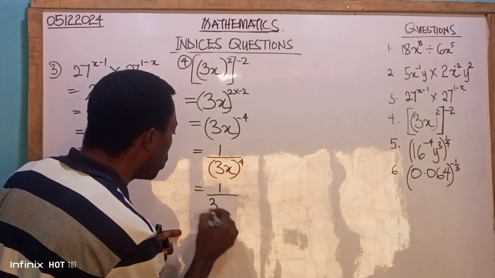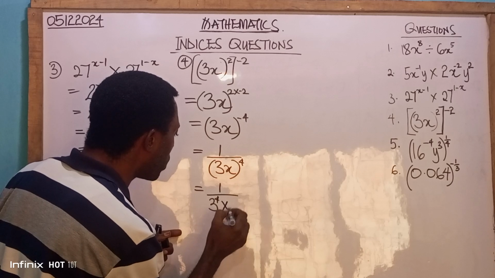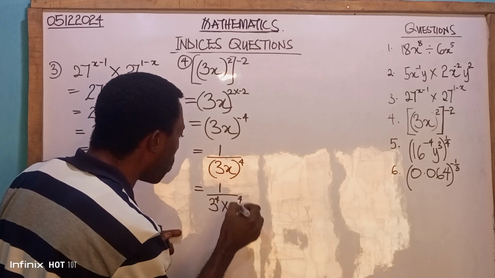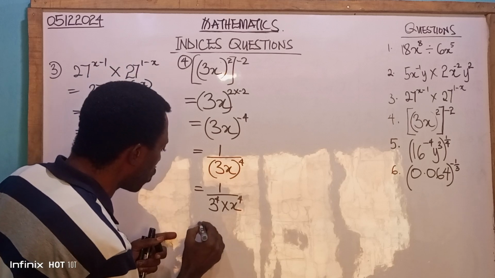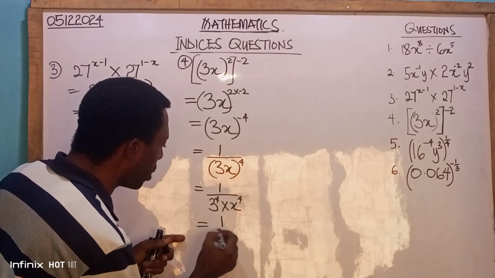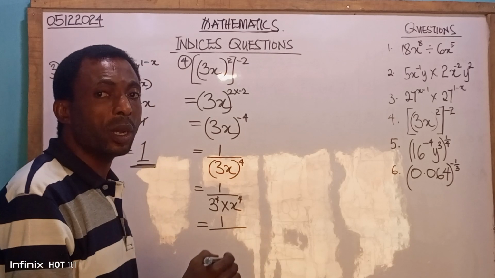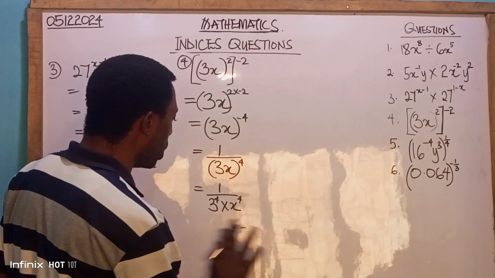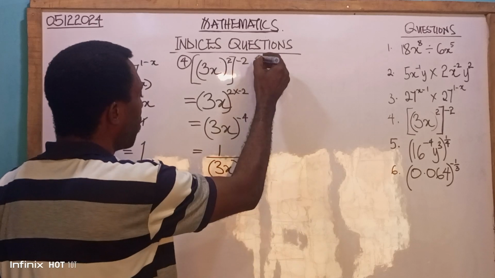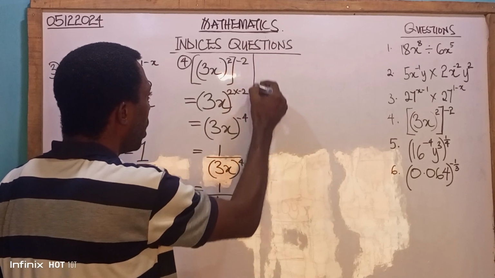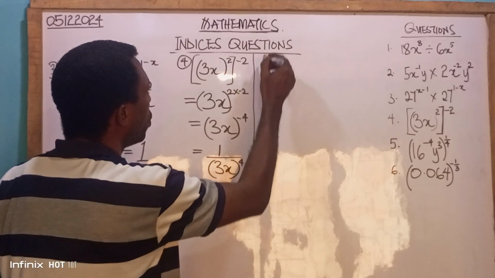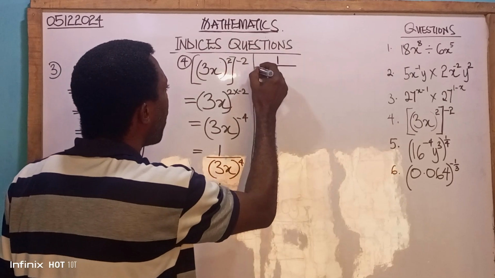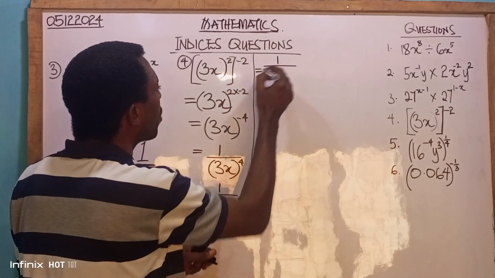That means we have 3 raised to power 4 multiplied by x raised to power 4, which will give us 1 over 3 raised to power 4 times x raised to power 4.